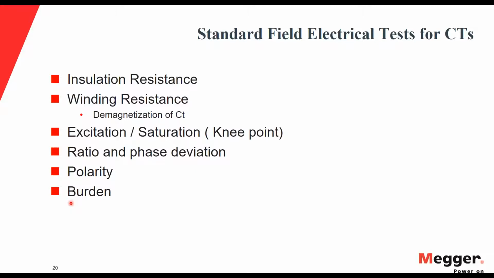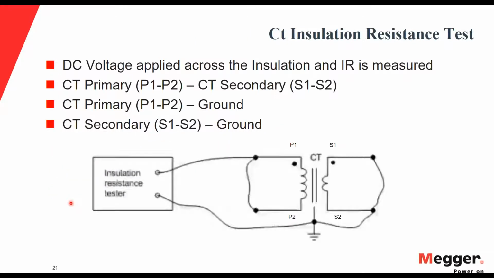So starting with the first test, insulation resistance. Insulation resistance test is a basic test that you do for all electrical equipment. This test, you usually do between primary and secondary, primary and ground, and secondary and ground.